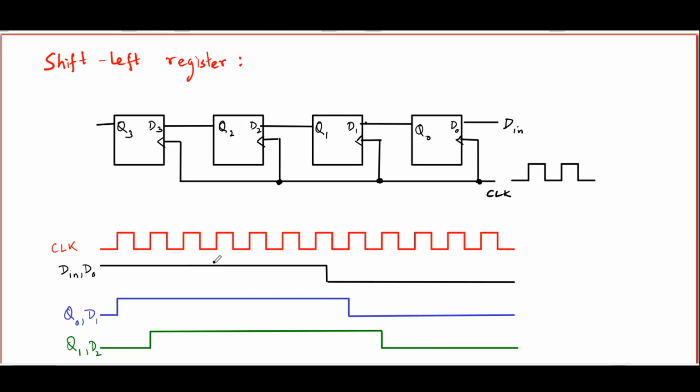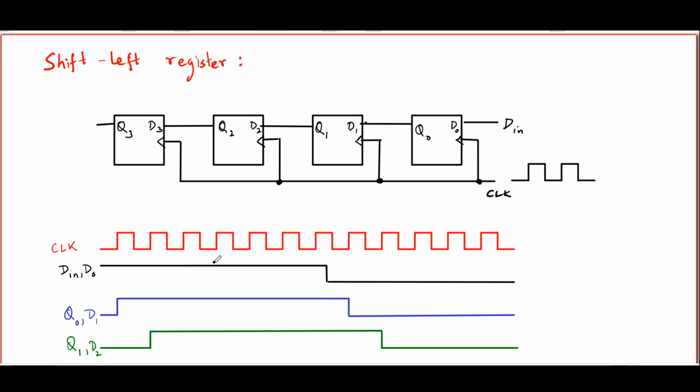Just to give you an example, if you wrote down a binary number and shifted every one of the bits to the left, adding a 0 at the end, you're essentially multiplying by 2. So multiplication by powers of 2 can be done very easily by a shift left register. That's just one place where you could use such a thing.